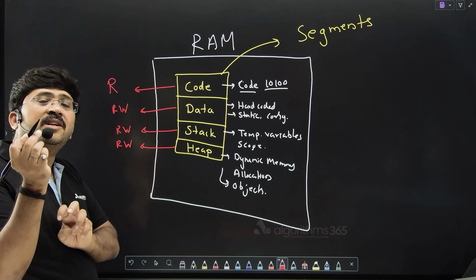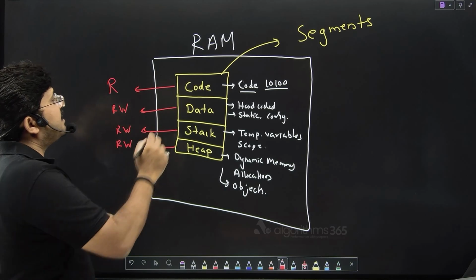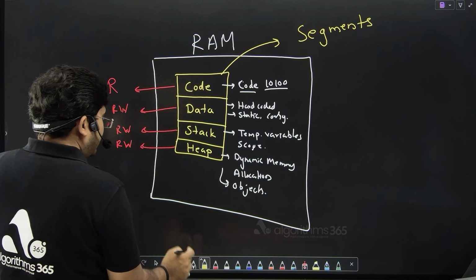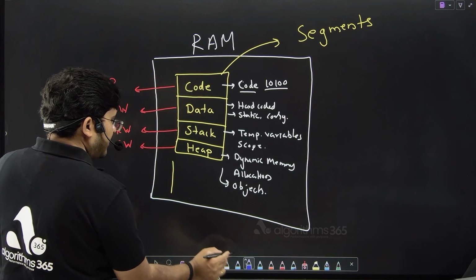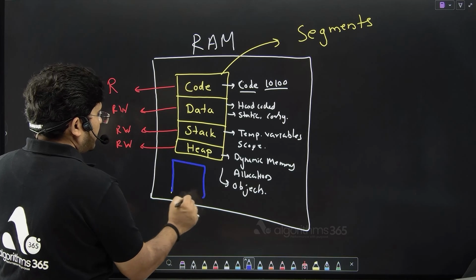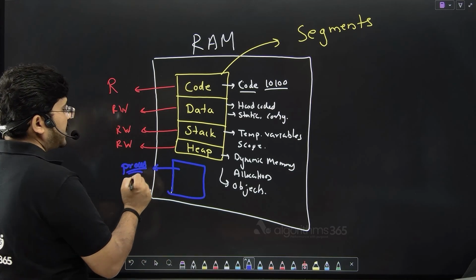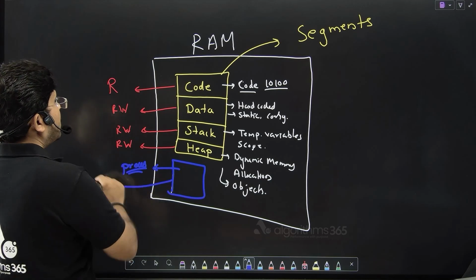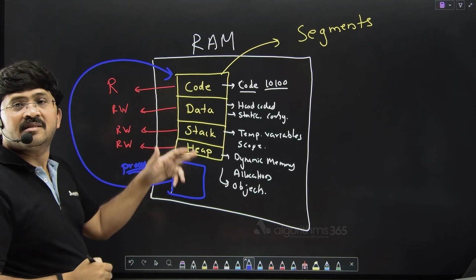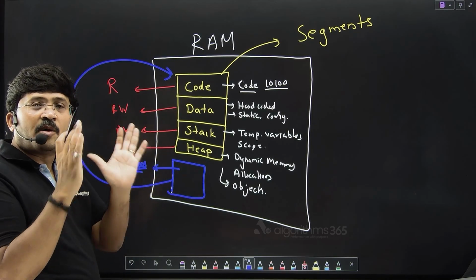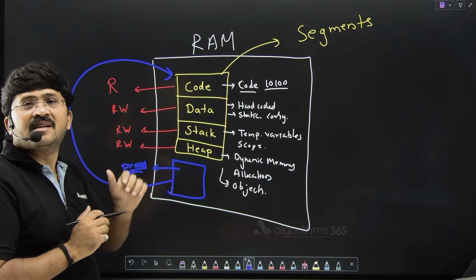But related to access, say this is one process, and there is another process. Can this process read your code or your data? The answer is no. The operating system prevents it from doing that.